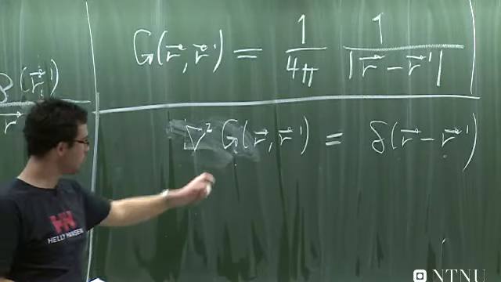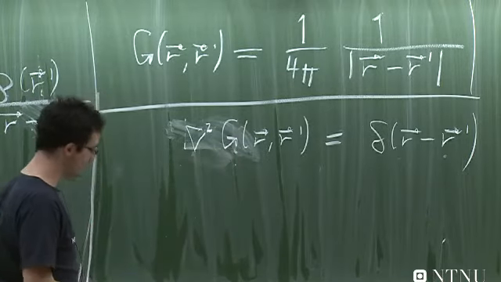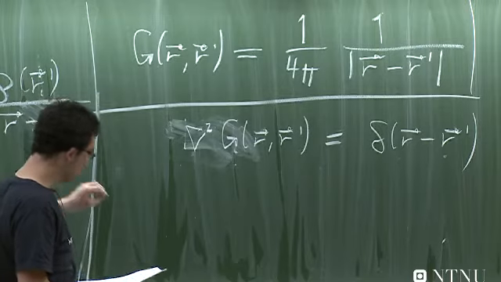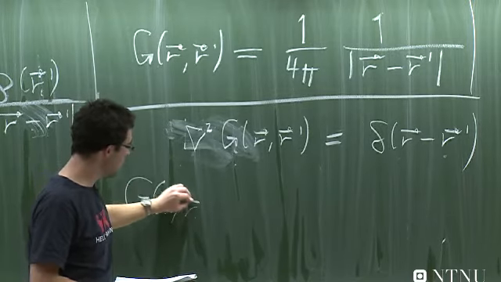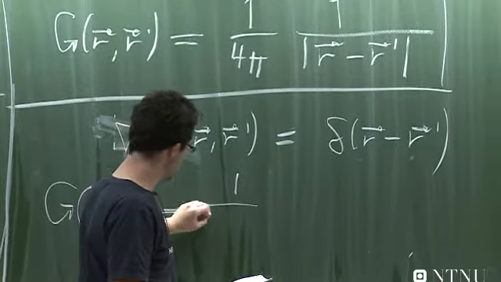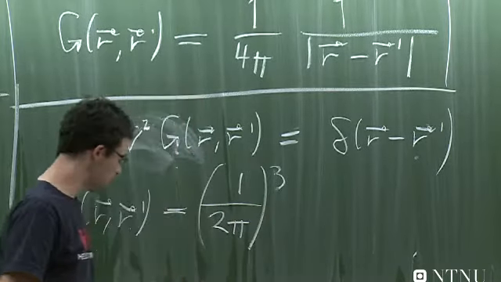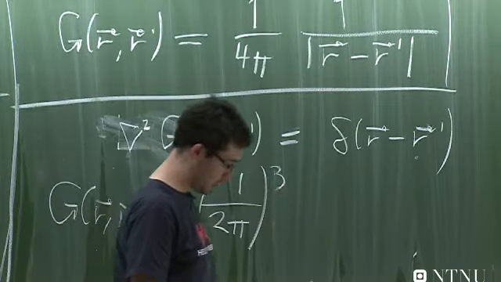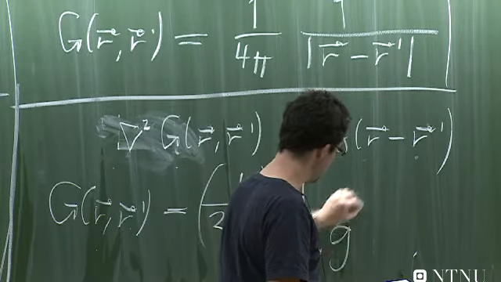Now I will expand this Green's function, which is unknown, into its Fourier components in the following way. G of r prime is equal to 1 over 2 pi to power 3, because we have 3 dimensions, an integral of g of k.